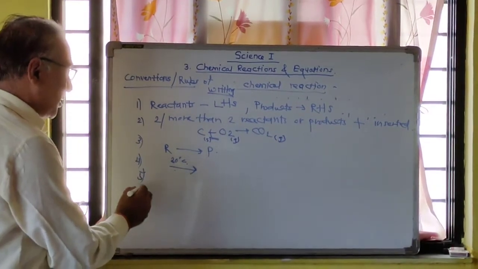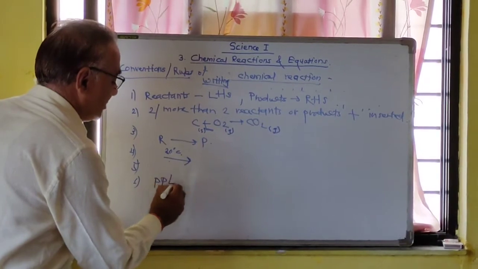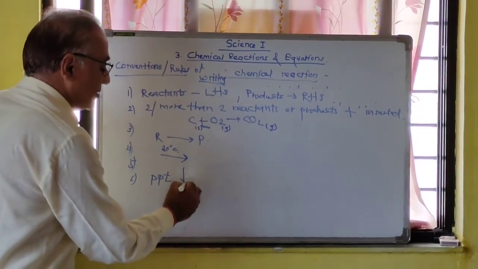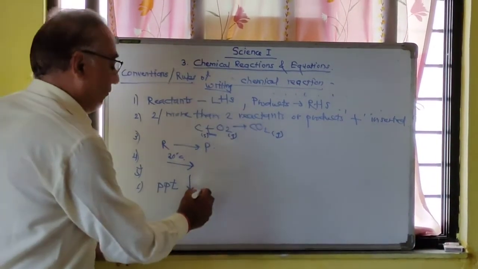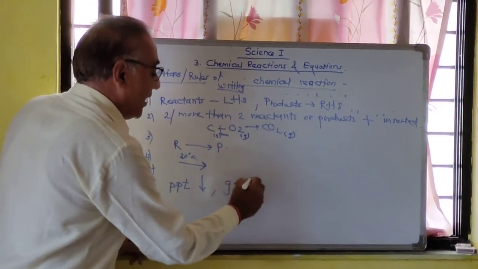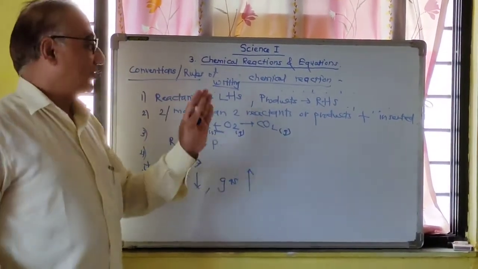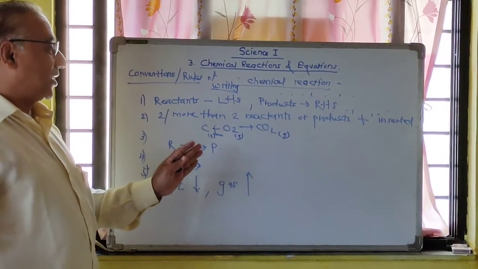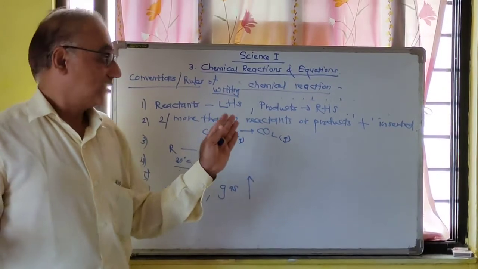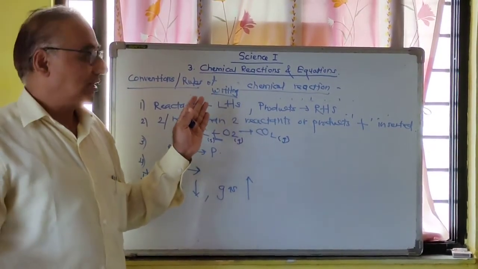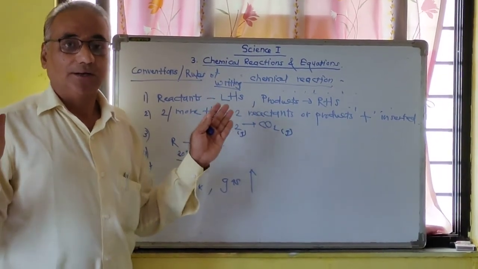Now, the sixth rule is that if there is a precipitate, it is indicated by a downward arrow, and when there is production of gas, you have to use an upward arrow. These are the major conventions or rules of writing a chemical equation. Now in the next lecture we are going to see the different types of chemical reaction. Thank you.